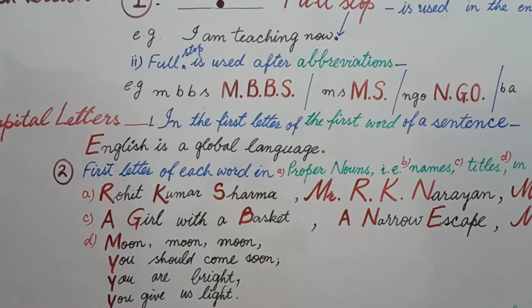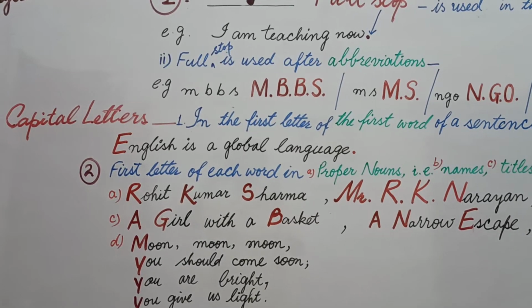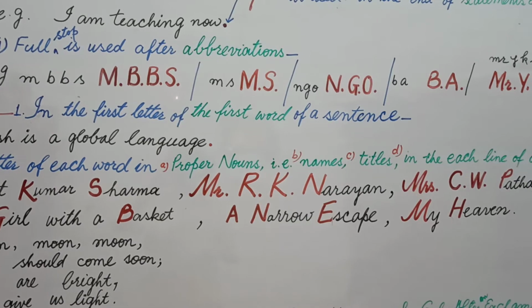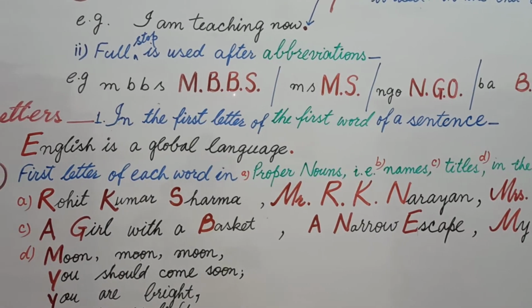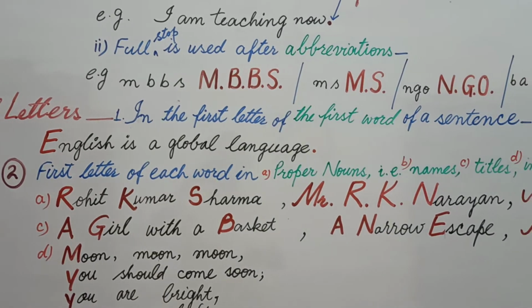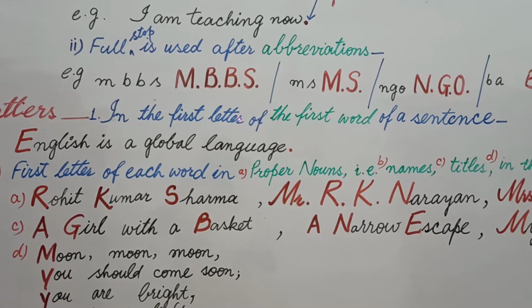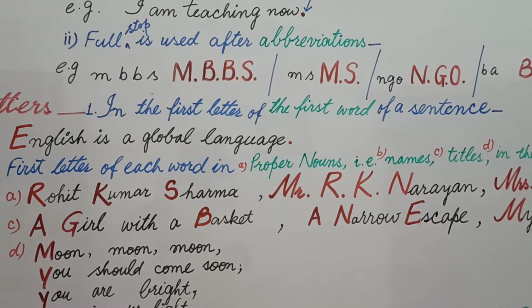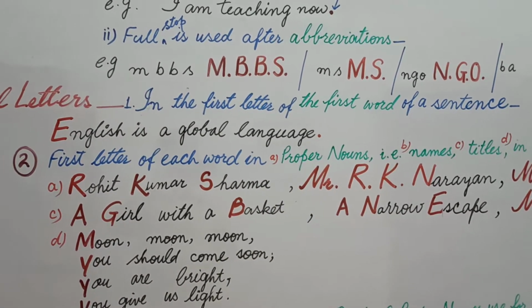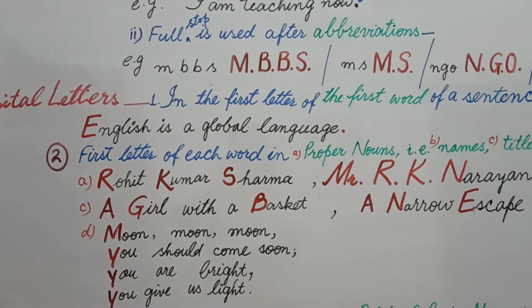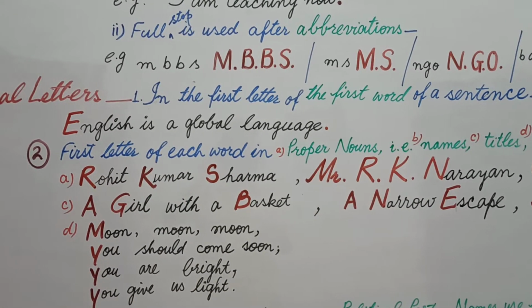Now let's begin with capital letters here again. Although you have seen in this example not only full stop but also capital letters. Now let's begin again with capital letters. The first letter of the first word of a sentence should be capital. Students, whenever we write any sentence, it may be interrogative or assertive or any other, you write your first letter capital.